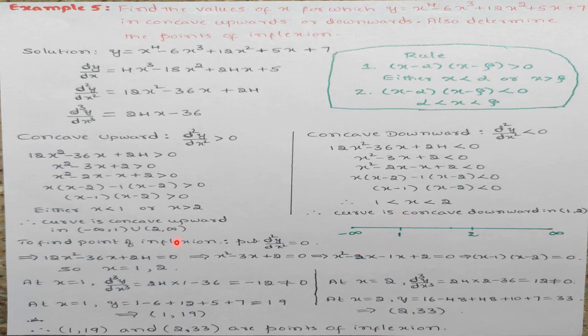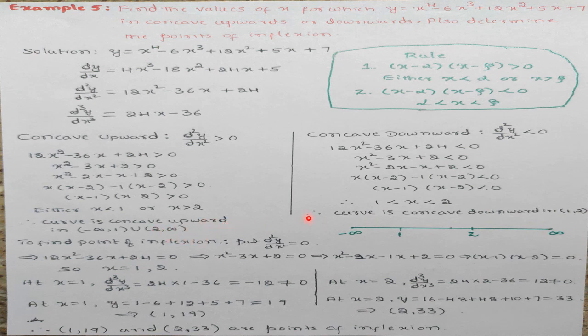In the interval −∞ to 1 it is concave upwards. In the interval 1 to 2 it is concave downwards. Again in the interval 2 to ∞ it is concave upward.